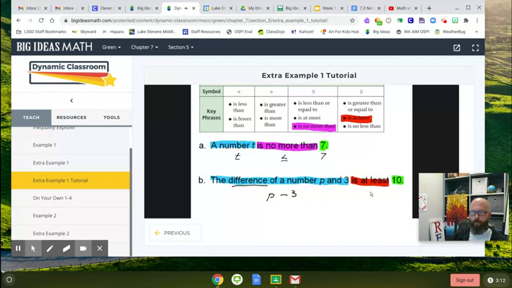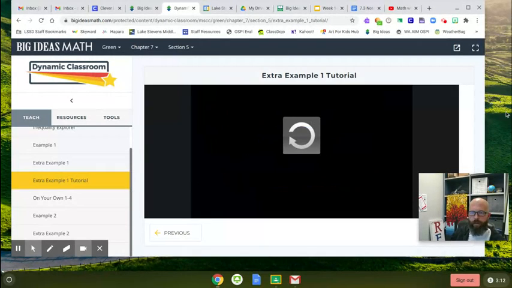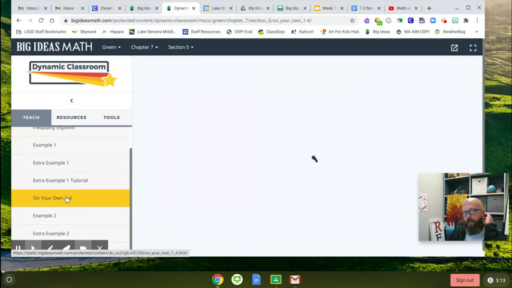An inequality that represents this word sentence is P minus 3 is greater than or equal to 10. There you have it. So you want to keep that chart handy when you are doing your assignments.